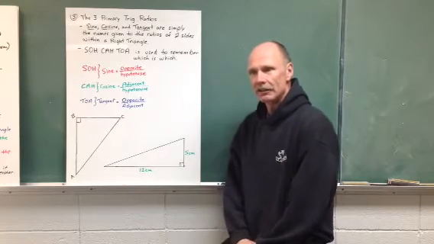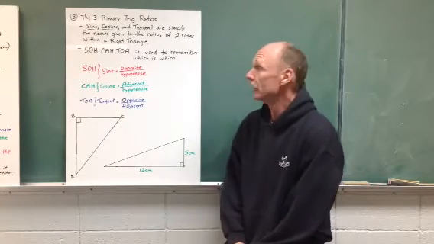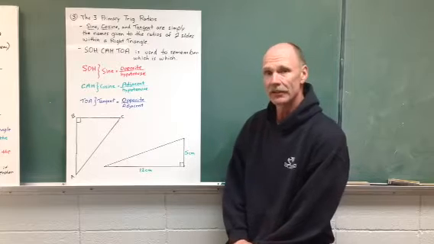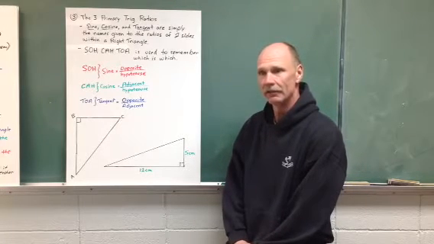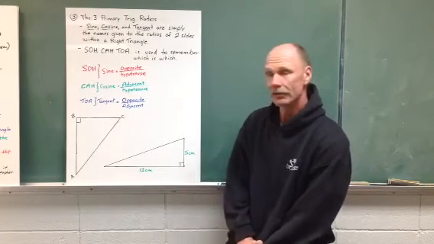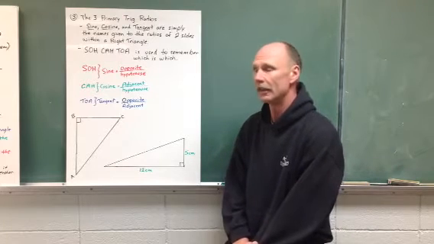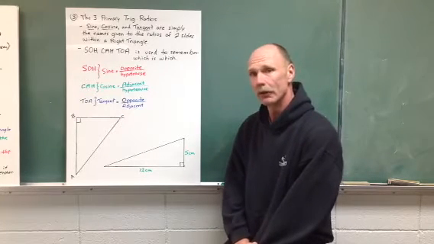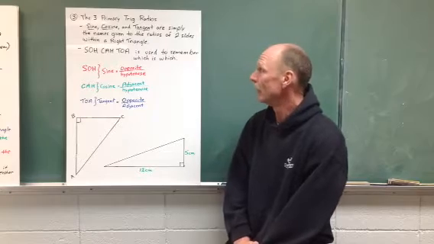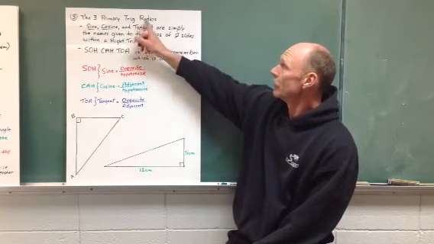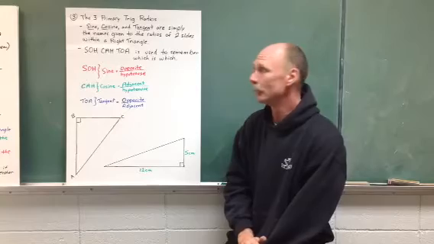On your fancy scientific calculators or your graphing calculators, you may have noticed some buttons on there that have the word sin, or S-I-N, cos, C-O-S, or tan, T-A-N, and wondered what those were for. Well, we'll be using those from now on. The 3 primary trig ratios is what this part is about.